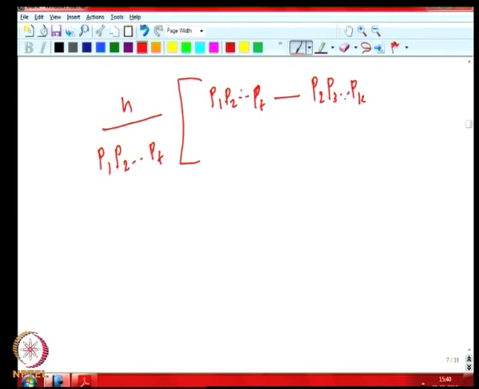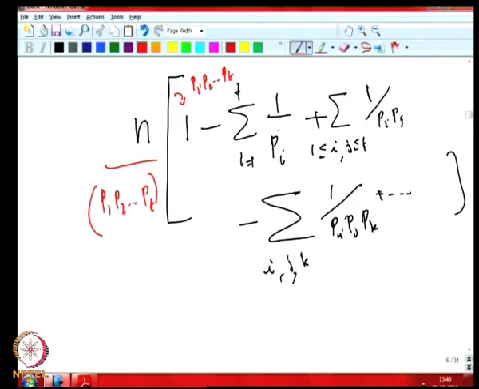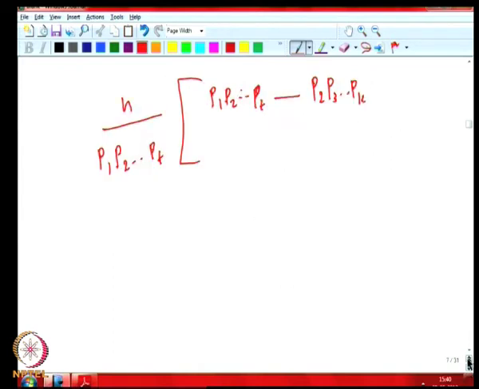Here we have 1 by p1, then you multiply by p1 into p2 into pt, that one p1 will go away, all the p2 to pt will remain, and these are all inside one sum, right. Then p1 p2 will go, but p1 p3 p4 up to pt will remain, and so on.